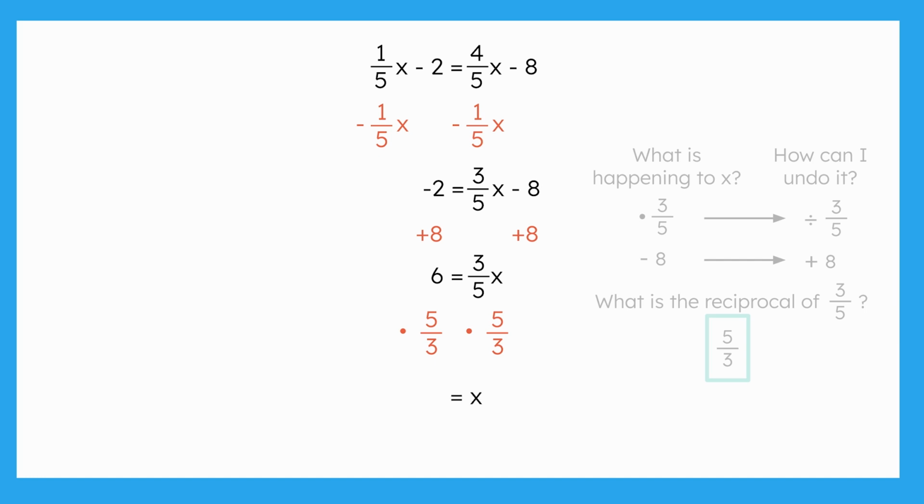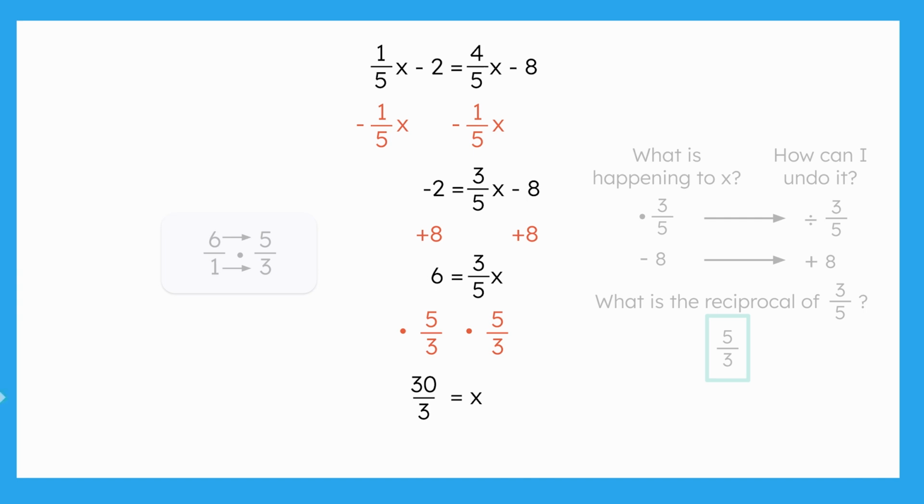To calculate 5/3 times 6, I'll write 6 as a fraction, 6 over 1. When we multiply fractions, we multiply the numerator times the numerator and the denominator times the denominator. That gives us 30 over 3. As always, when we work with fractions, we don't want to stop until our answer is in simplest form.